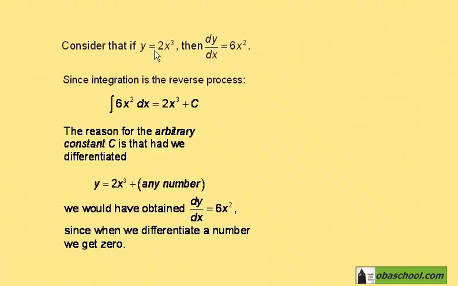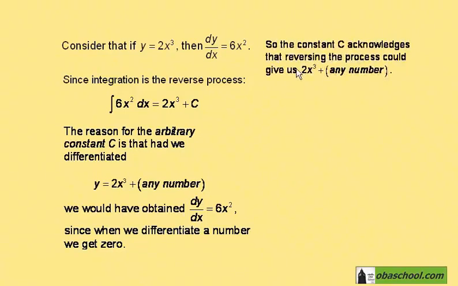So differentiating y is 2x cubed gives us dy/dx is 6x squared, and differentiating y equals 2x cubed plus a number also gives us 6x squared, because the number disappears when we differentiate. That's the reason for this arbitrary constant when we integrate. So to recap, the constant c acknowledges that reversing the process could give us 2x cubed plus any number.